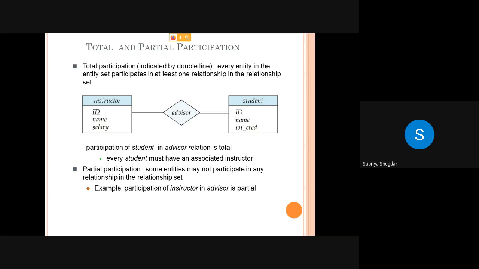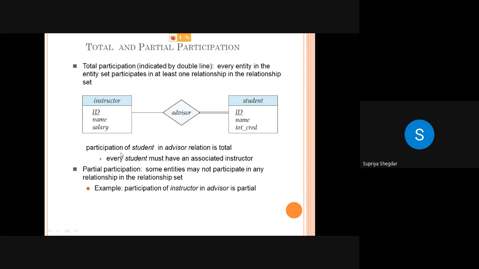Here the total participation is between advisor and student, meaning every student in that college or class is participating in the relationship set advisor.